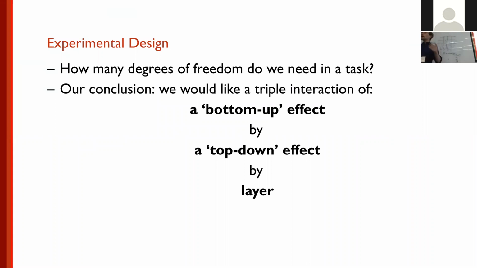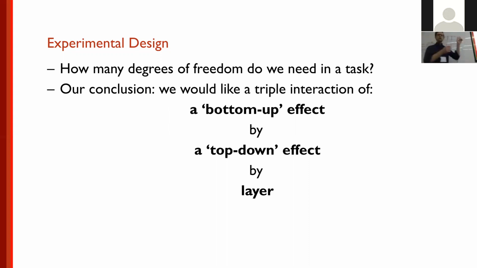So this way of thinking about extracting layers has consequences for your experimental design as well, because we were asking ourselves the question: how many degrees of freedom do we need in our task, for example, and how can we obtain informative data from any experiment? And our conclusion was that we would ideally be interested in the triple interaction of a bottom-up effect and a top-down effect and a layer effect.